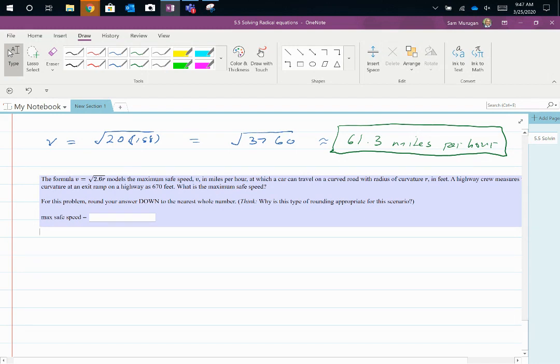A highway crew measures the curvature at an exit ramp on a highway as 670 feet. What is the maximum safe speed?